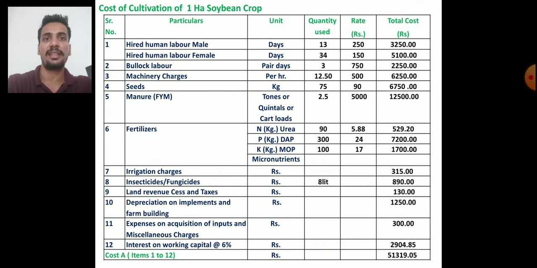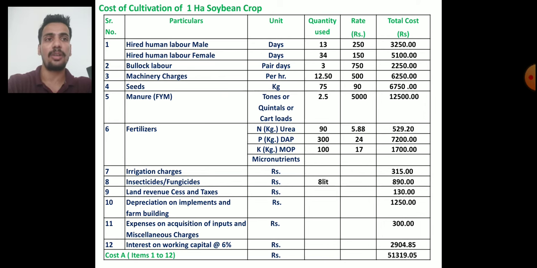So I have considered interest on working capital at the rate of 6%. You just have to make the summation of items 1 to 11 and calculate the 6% value. So it is 2,904 rupees. You make the summation of 1 to 11 and calculate 6% of that summation. It will give you the interest on working capital.